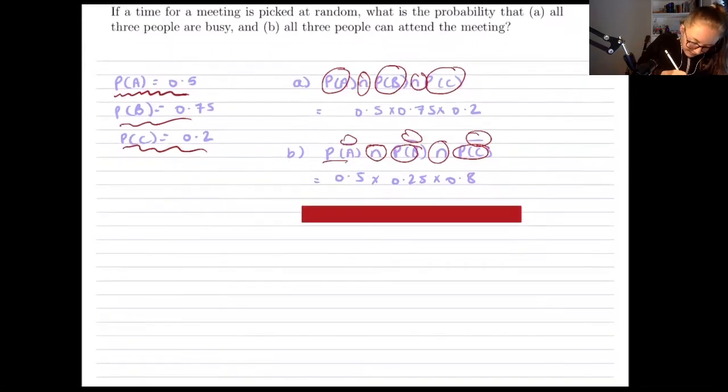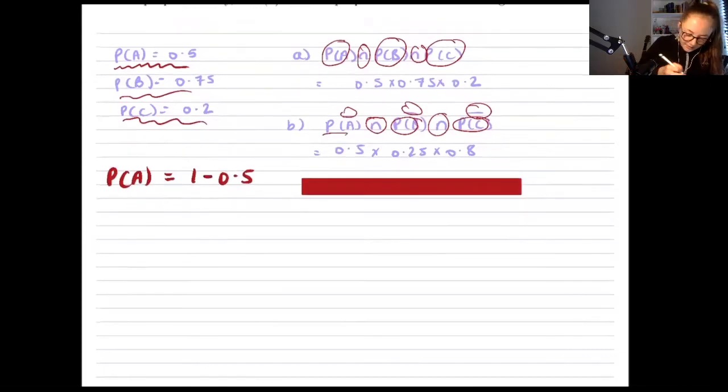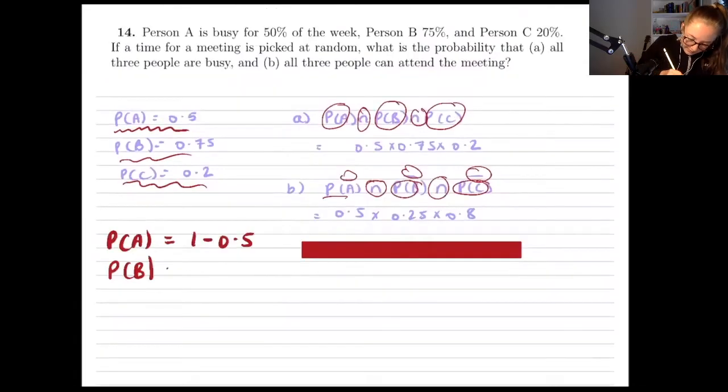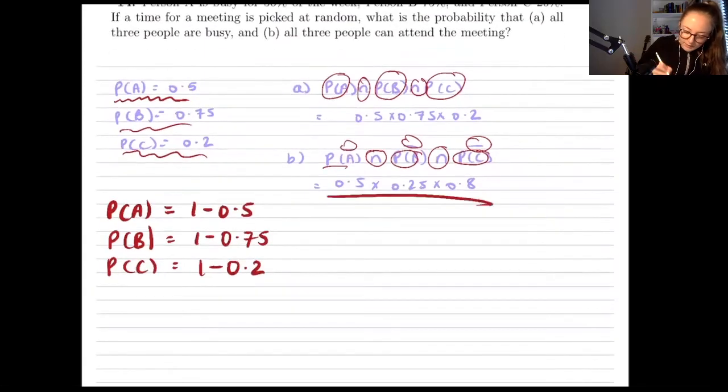So the probability that person A is free would be 1 minus 0.5 because it's a binary choice, so either busy or free. And then person B, the probability that they're not busy would be 1 minus 0.75. And then person C, the probability that they're not busy would be 1 minus 0.2. And that is our answer. We just multiply these three together.